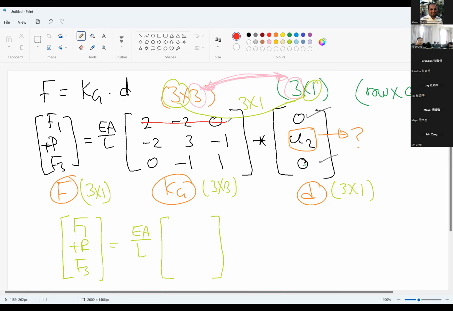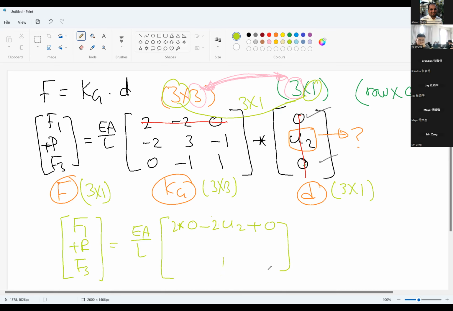We multiply the first row with the column. Just to remind you, for the first row we have 2 times 0 minus 2U2 plus 0.